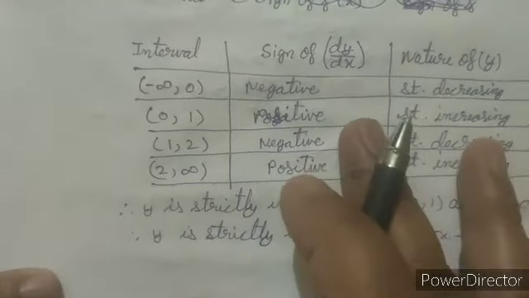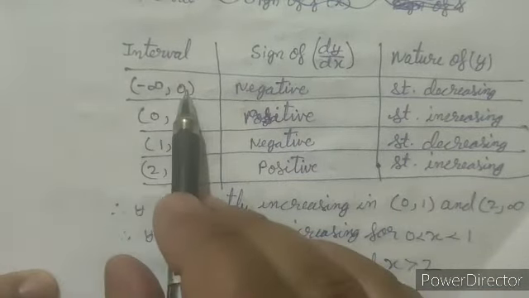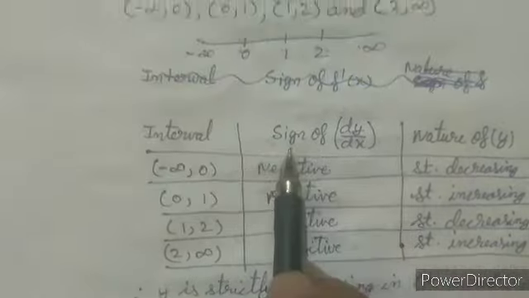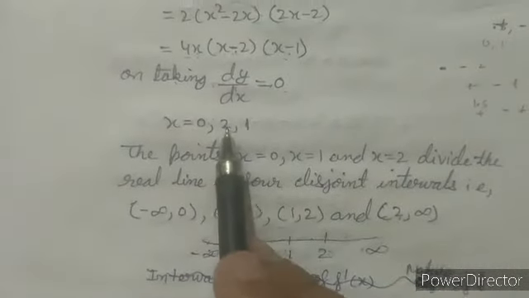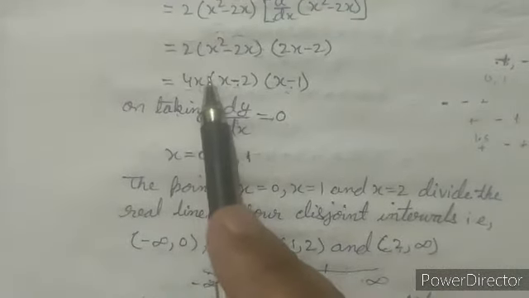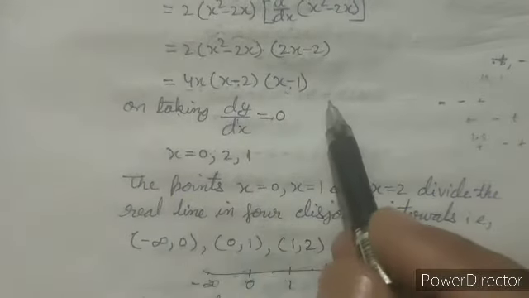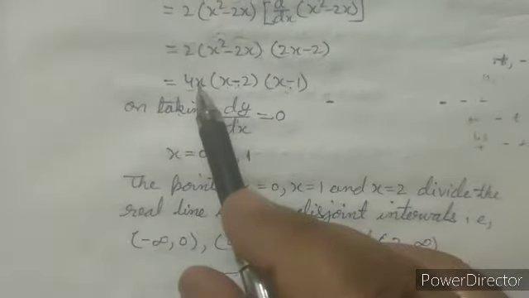Now the intervals are from minus infinity to 0, and we check the sign of dy by dx. From minus infinity to 0 we can take any point. Suppose I am taking minus 1, so the sign of dy by dx will be negative.